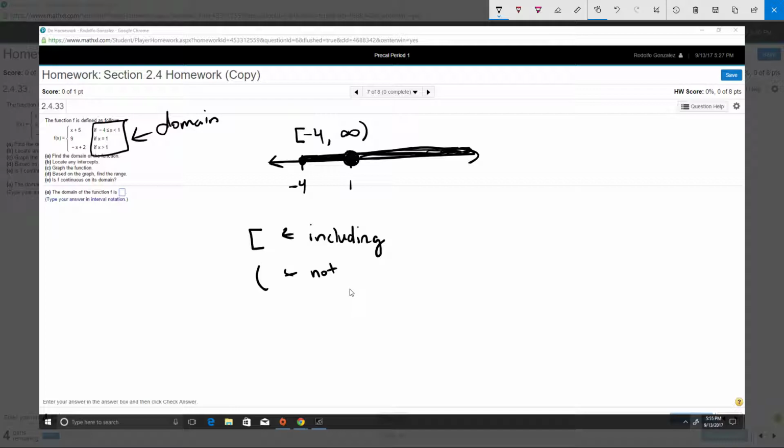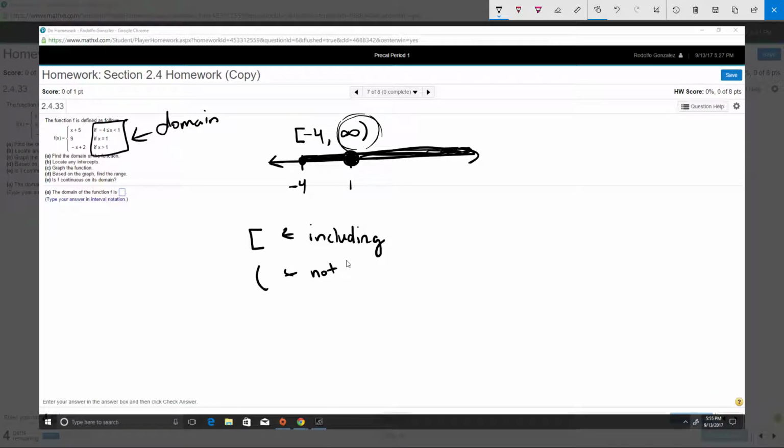You might notice that the infinity signs always have parentheses. That's because infinity is technically not a number, so there's no way to define it, so we always put a parenthesis. That's just basic when it goes to infinity. But when it has actual numbers, it has big meaning whether you have a parenthesis or a bracket. This bracket means including.